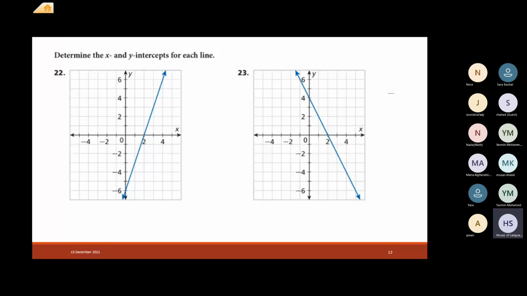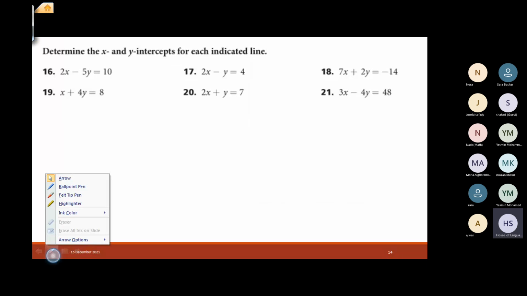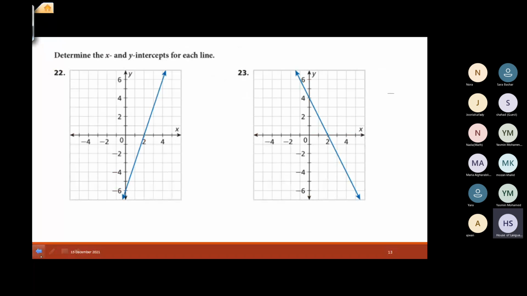So for the x-intercept. Yes, Yara. Intercepts 2 and... What about the coordinate of this point? 2 what? 2 and... One minute, teacher.